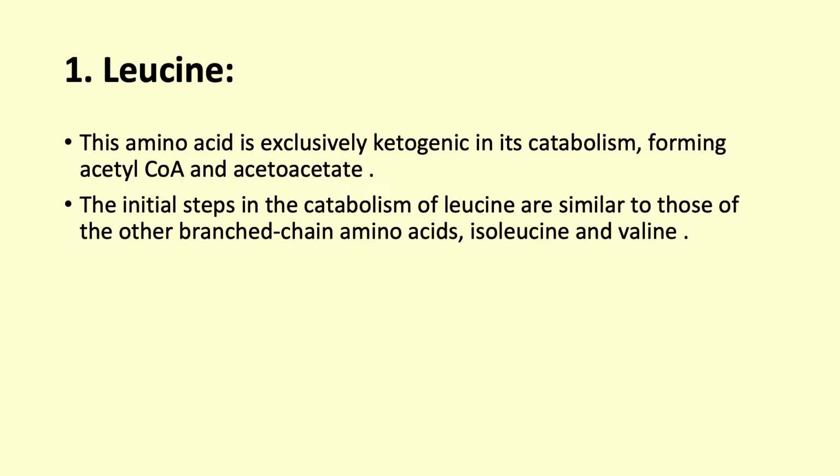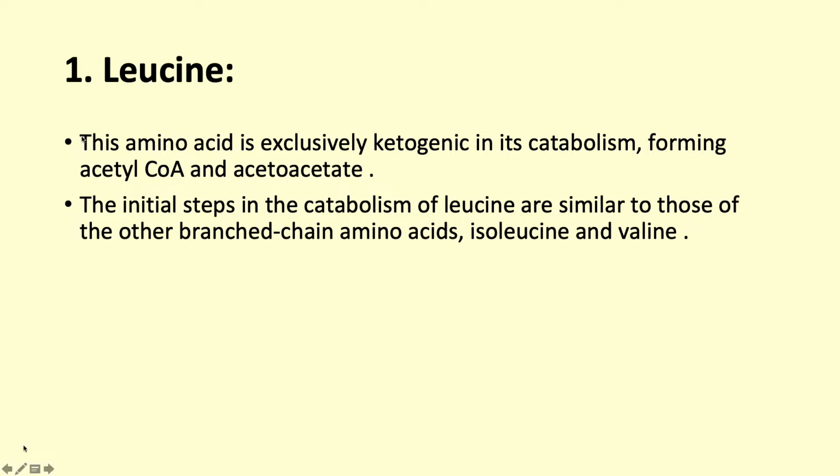Degradation of branched chain amino acids fails in what we call maple syrup urine disease. I think we mentioned that in the previous lecture as an example of something special and specific about amino acids. That can happen as a disorder, and we will talk about this disorder more, I think, at the end of the lecture.